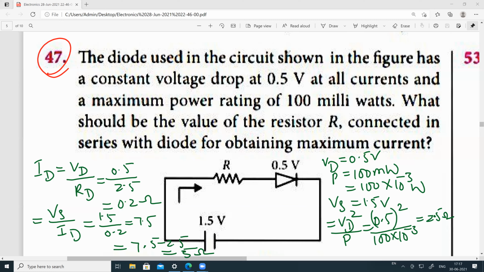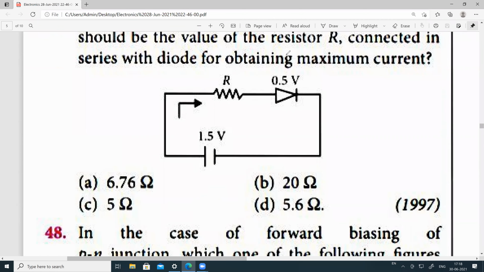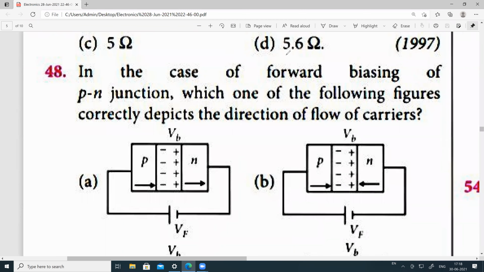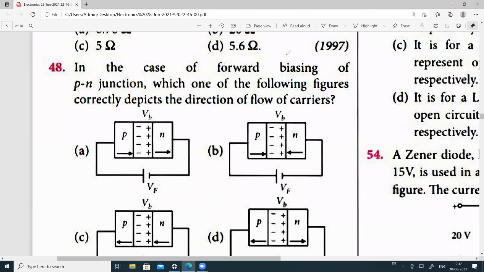Therefore option C is the right answer. So for the 47th one we are getting 5 ohm, that is option C. So 48th one.